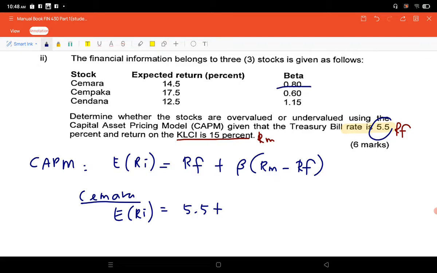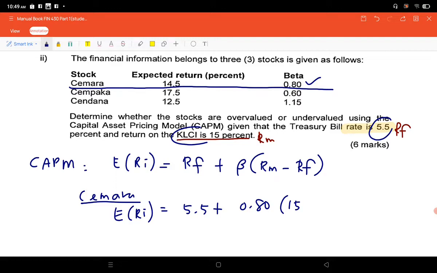For Cemara, the beta is 0.80, if you look here. RM, again, is the market portfolio return, given here based on the KLCI, which is 15%. So it will be 15 minus RF, which is 5.5.